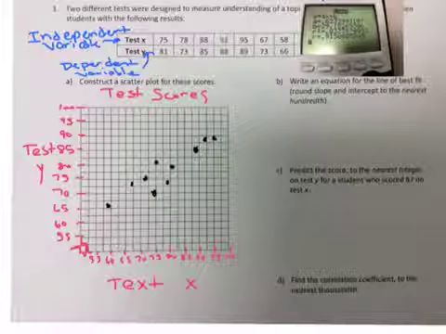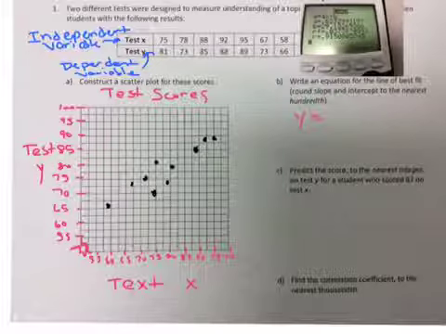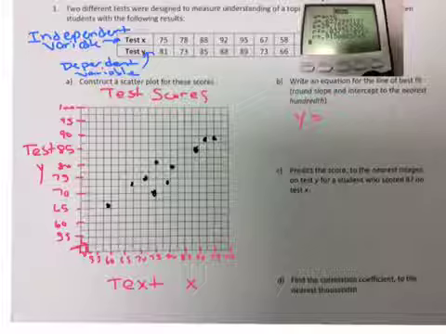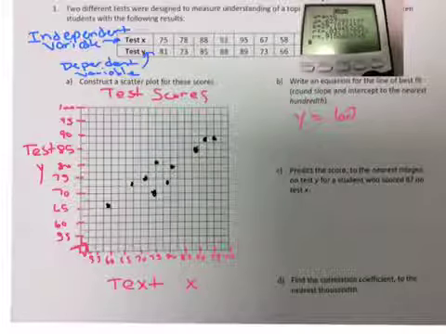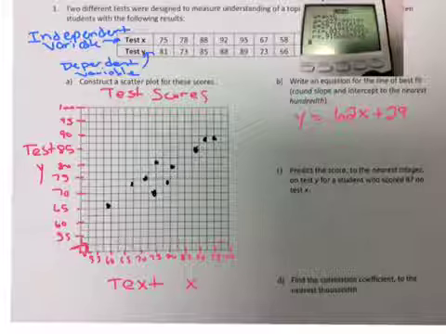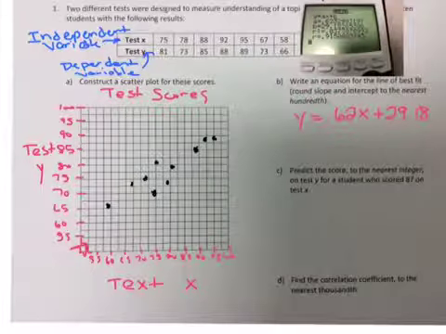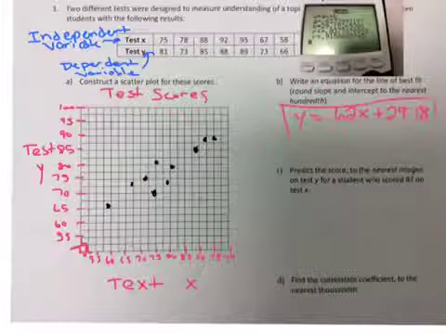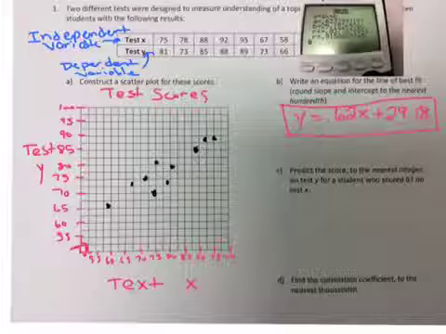Okay, so what we're doing is we're writing y equals, and again, instead of ax plus b, we're replacing the A with the 0.62, and then bring down the x. And then plus, we're replacing the b with the 29.18. So this right here is an equation for the line of best fit rounded to the nearest hundredth.